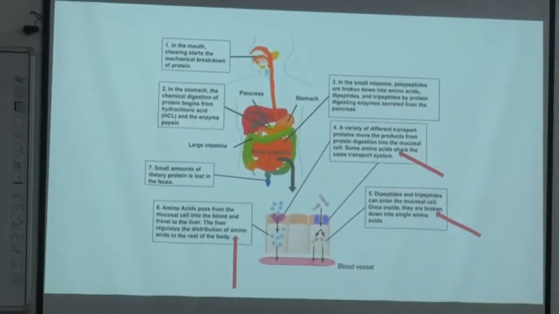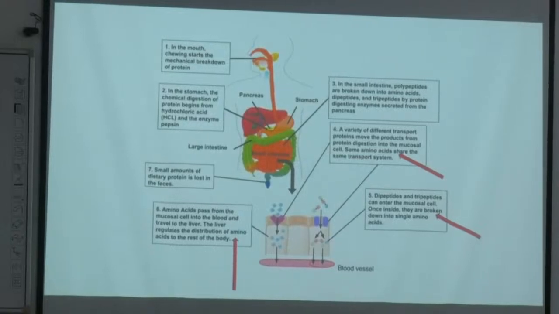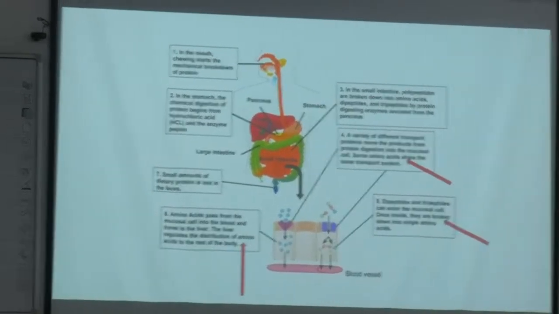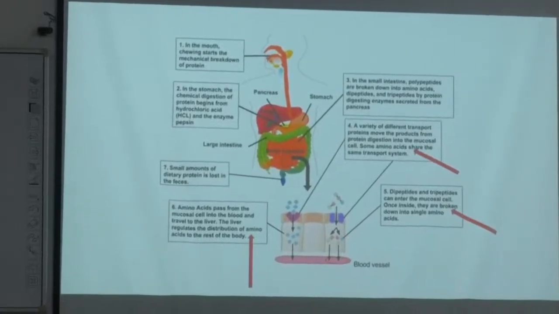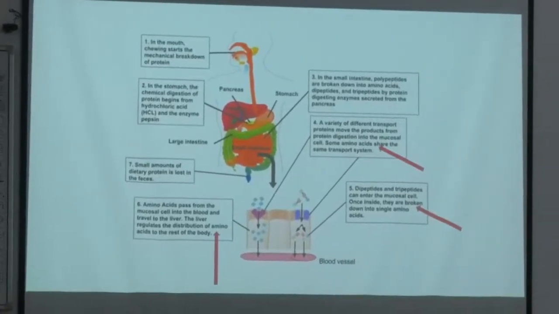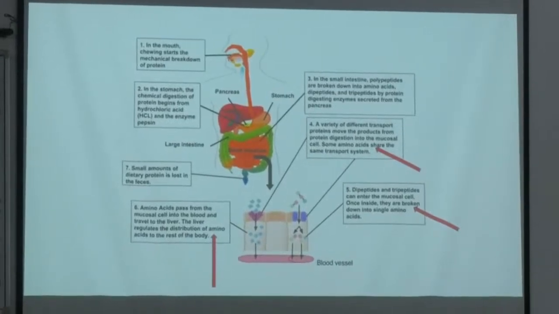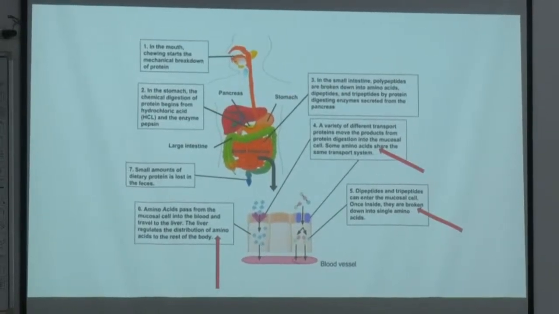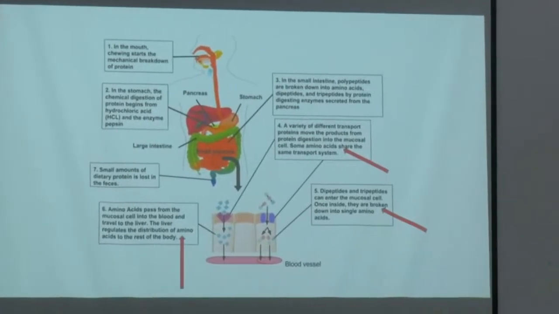Next. So can you read? In the mouth, we chew the food materials to make them into smaller fragments and then grind them to some extent. So basically the food material which we are taking, we are allowing the surface area to be increased.